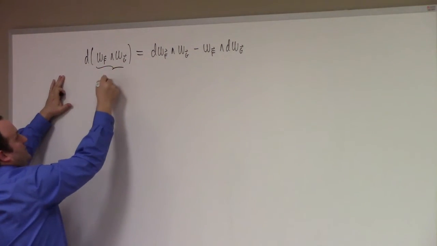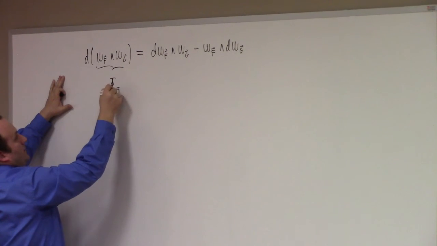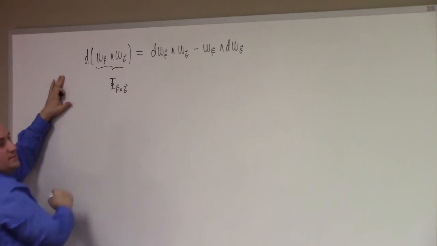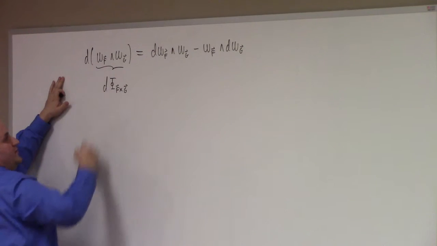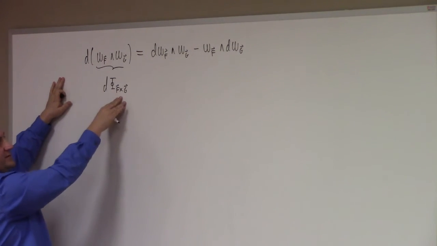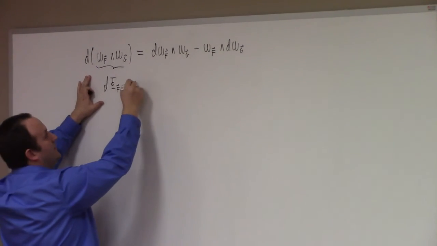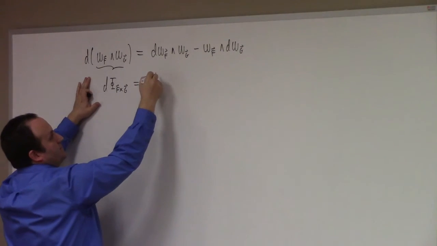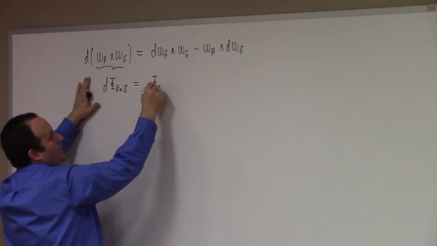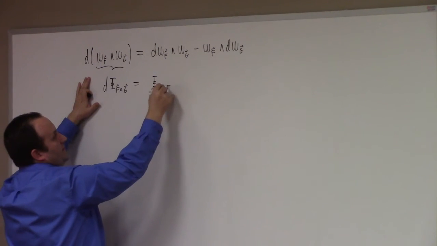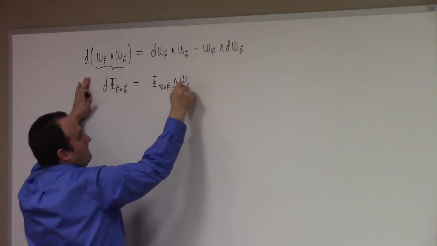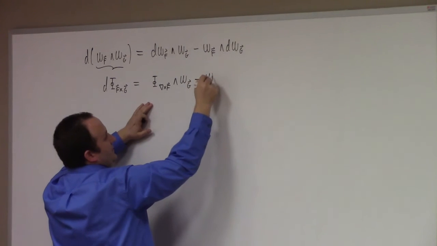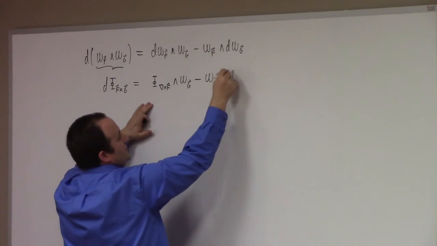It's kind of cool if you can recognize what's going on here. Now this was the flux form of f cross g, right? So we're looking at the exterior derivative of the flux form of the cross product, which equals what? This is the flux form of the curl of f wedged with omega g, minus omega f wedge the flux form of the curl of g.